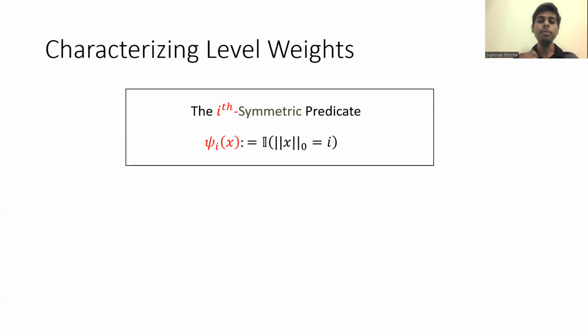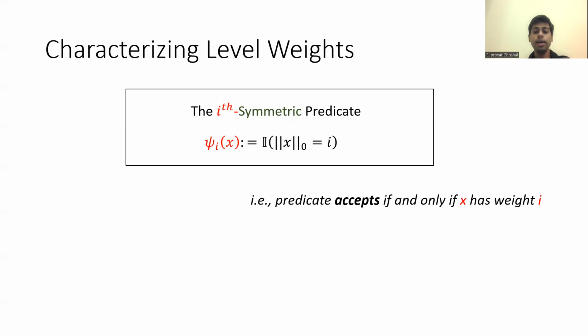So in particular, let's think of the ith symmetric predicate, which is the predicate which accepts if and only if the weight of the input is exactly I. Essentially, it is a predicate whose behavior just depends on whether the input has a fixed weight or not.